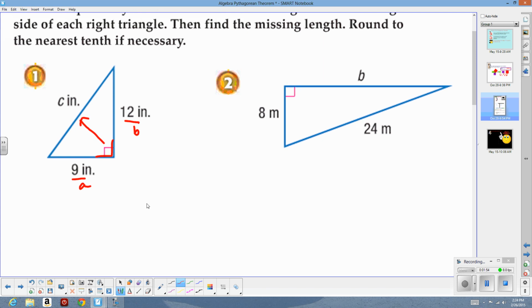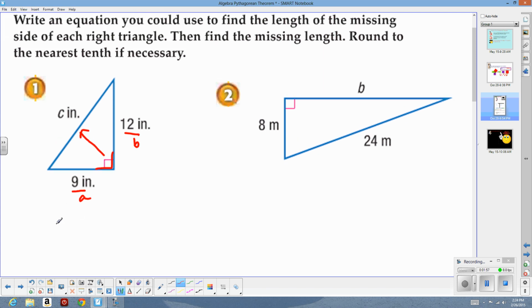So we're going to start by writing down A squared plus B squared equals C squared. Now you're going to plug in the numbers where they belong in the formula. So in place of A, I'm going to put 9. So 9 squared plus 12 squared equals C squared.